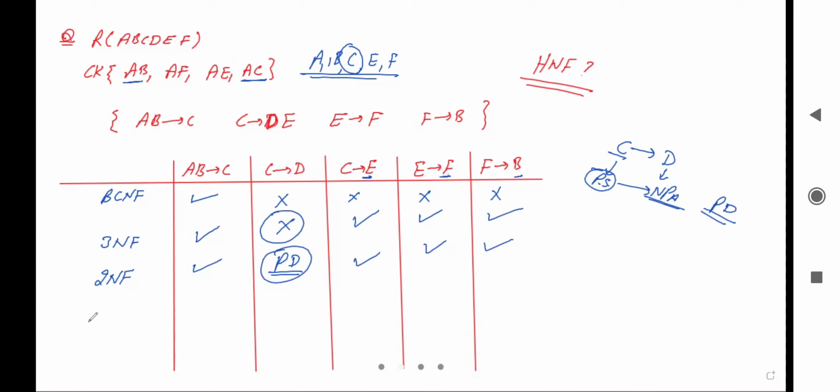What about the first normal form? So for first normal form we can say that there is no multi-valued attribute, so it is in first normal form.